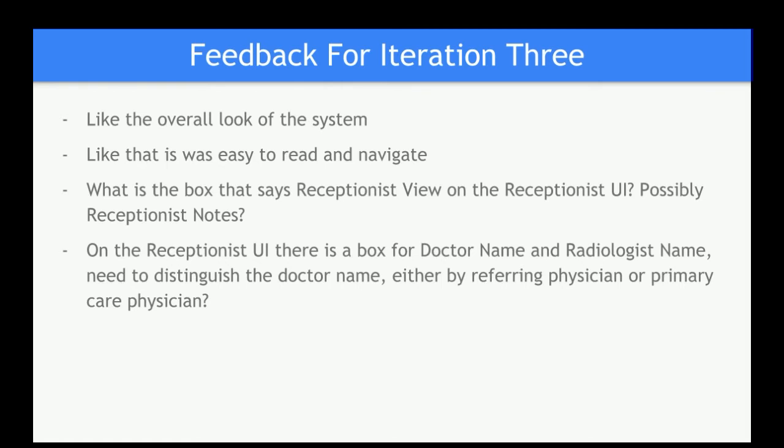Now, for iteration 3, some of the feedback that we received was that users liked the overall look, users liked that the system is easy to read and navigate, but we were asked, what is the box that says Receptionist View on the Receptionist UI? And it was also requested that we distinguish which doctor it is for the doctor's name. Our project has followed the UCD processes for each iteration.